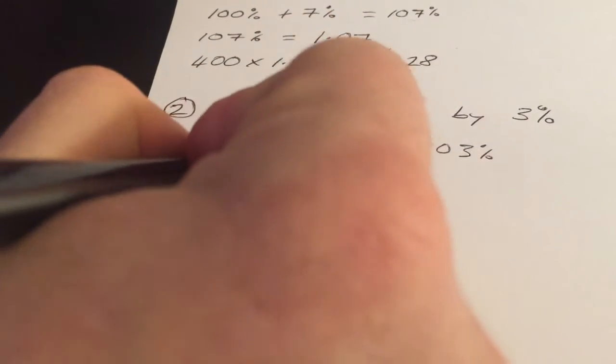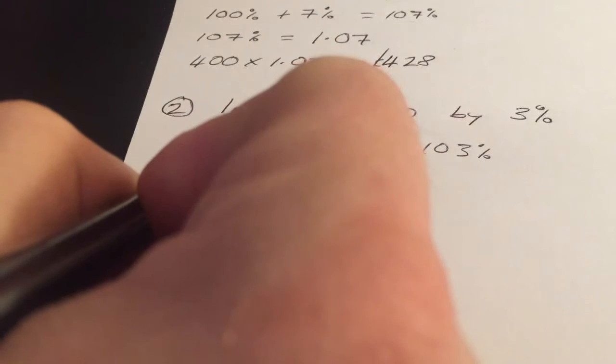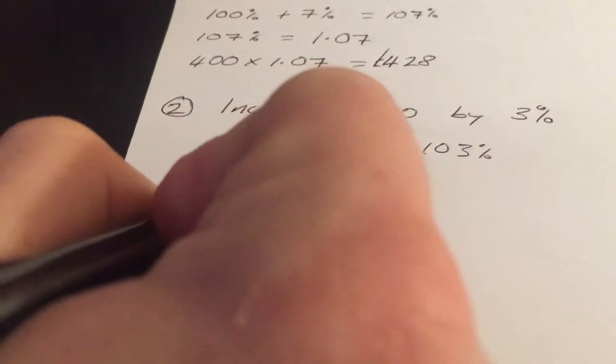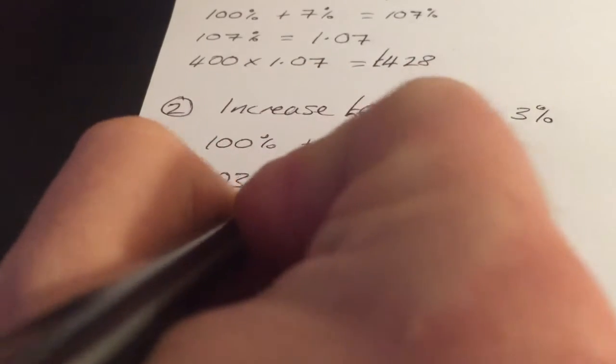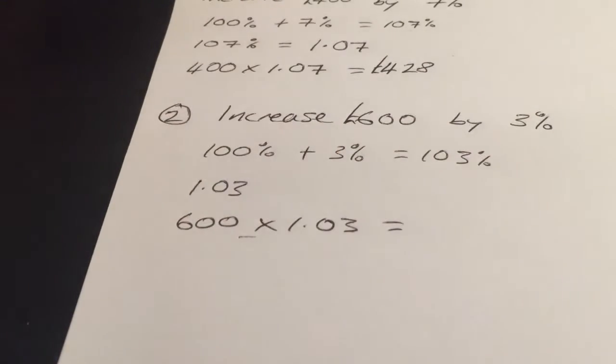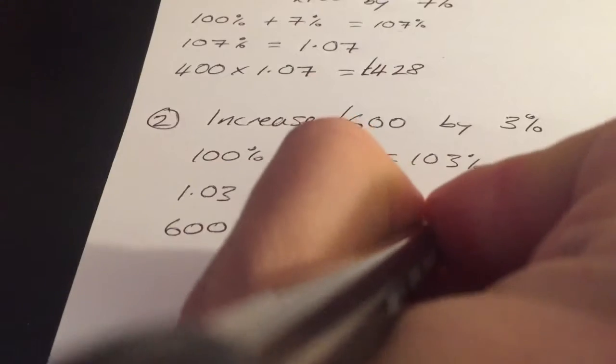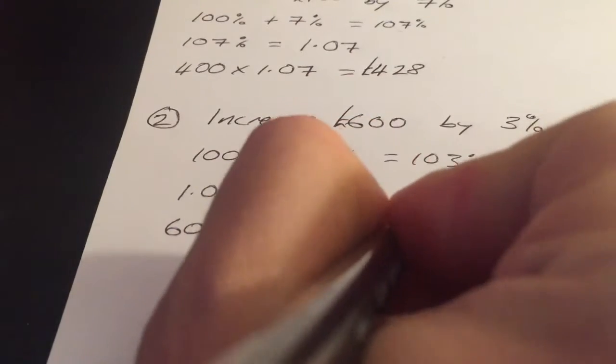And as a decimal, that would be 1.03. So to find out what 103% of 600 is, we do 600 times 1.03. And we get 618 pence.